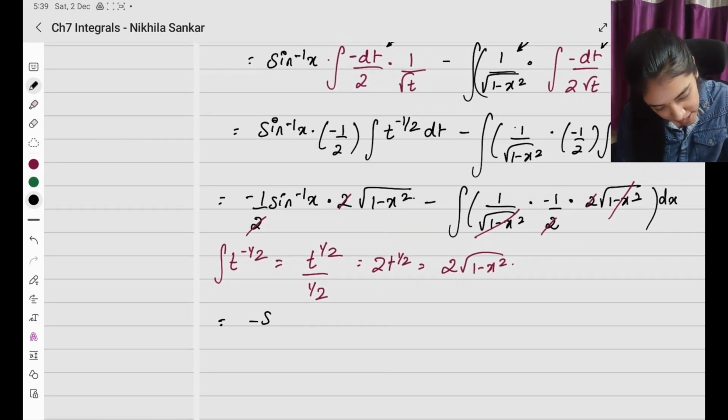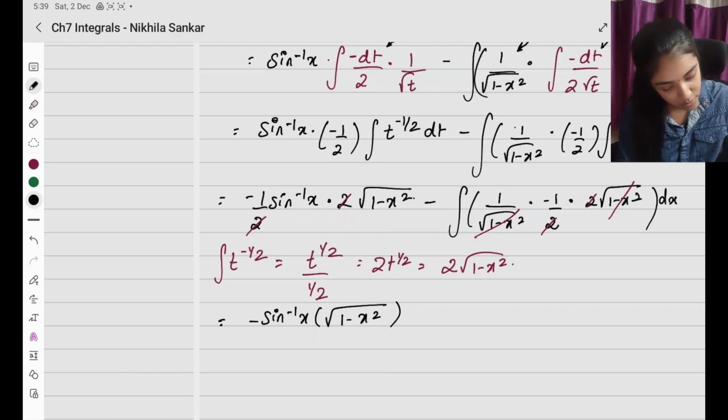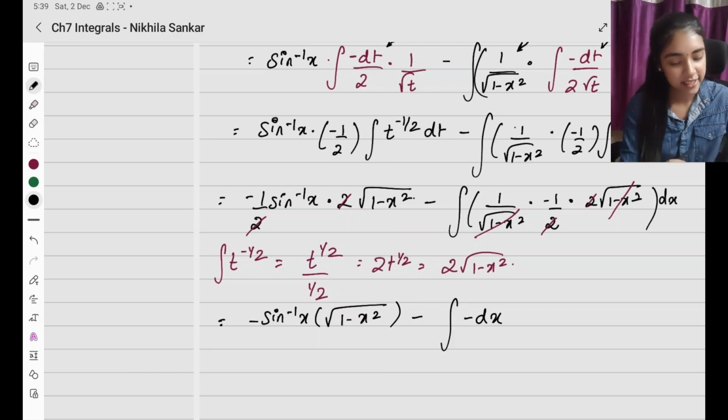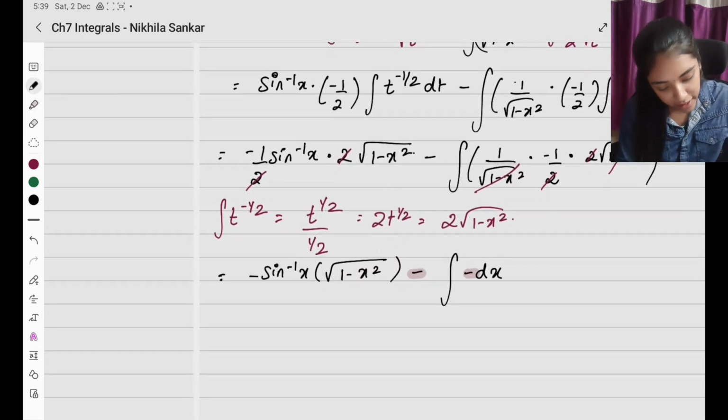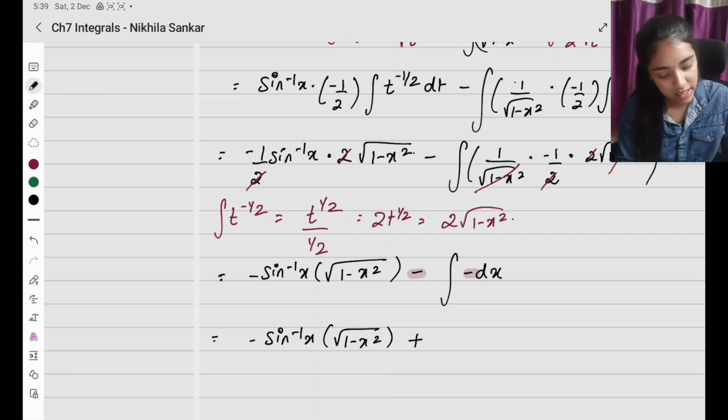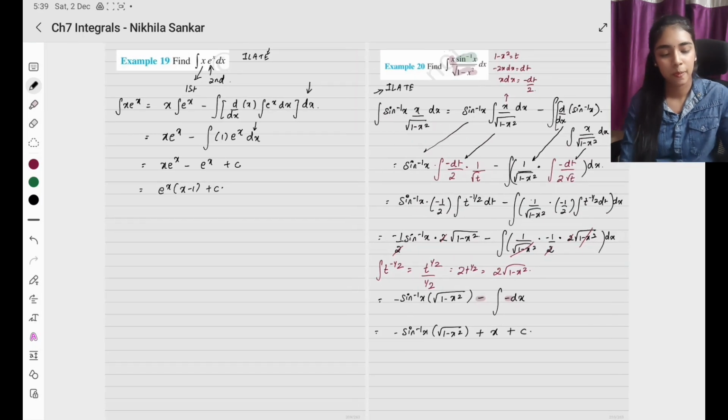I have minus sine inverse of x times square root of 1 minus x square minus integral of minus 1, so minus dx. Okay, so this minus and this minus becomes a plus. So in the end, I have minus sine inverse of x square root of 1 minus x square plus integral dx, which is x plus c.